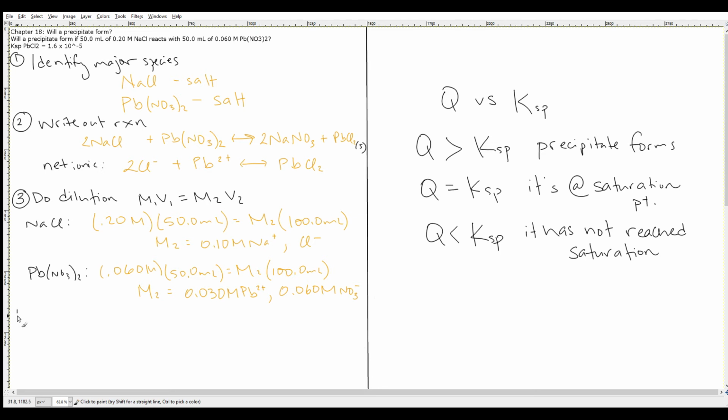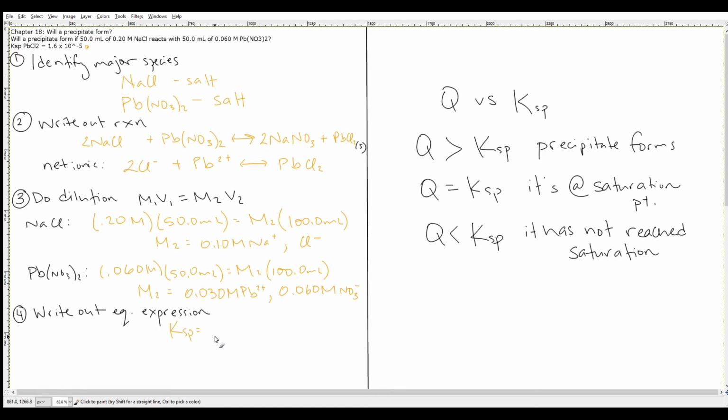Now that we have these concentrations, let's write out our equilibrium expression. Remember, you can use this expression both for Q and for K. It's just what they're equal to that is different. So we could say our KSP is equal to, now if you'll notice up here, they gave us the KSP of lead chloride.